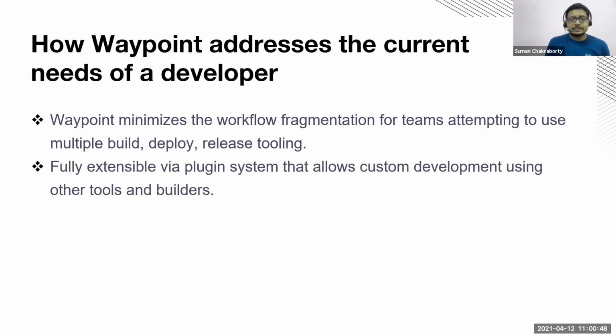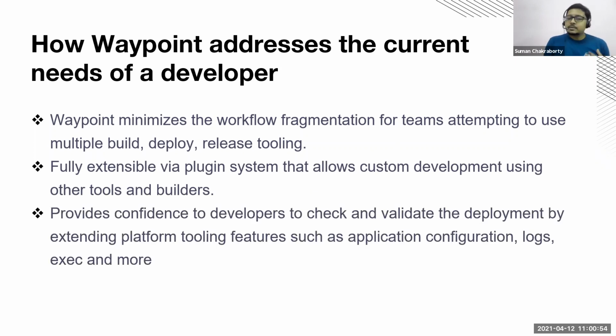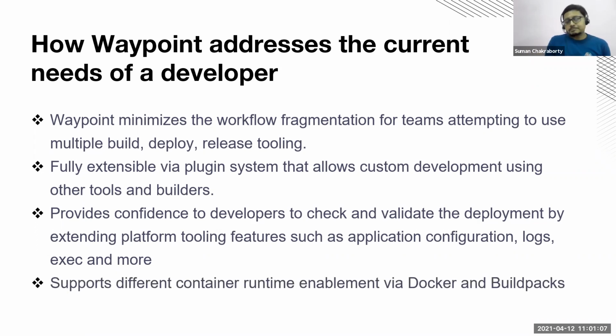It is fully extensible since it allows custom development that can be done using different tools and builders. It provides confidence for the developers, as I told, and they can simply run different configuration related commands that make it easy to troubleshoot and debug the application. It supports different container runtime enablement that can be done via Docker or buildpacks.